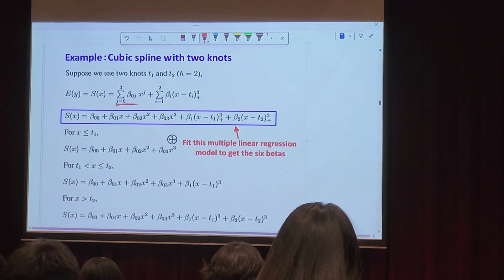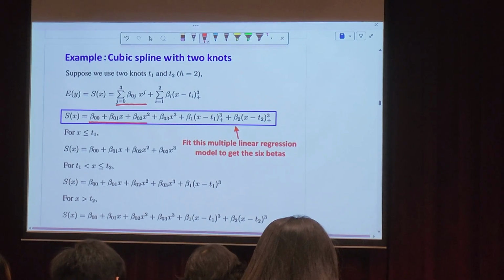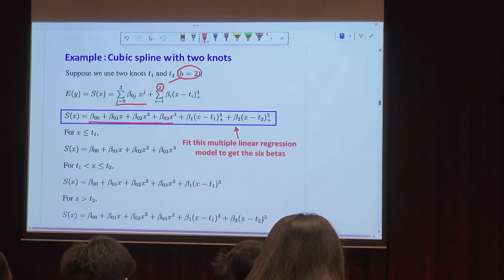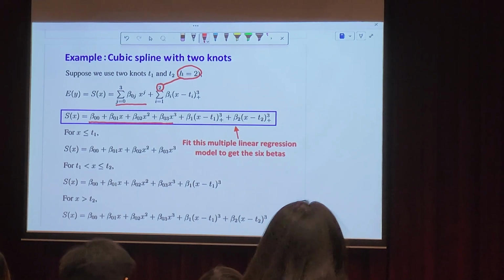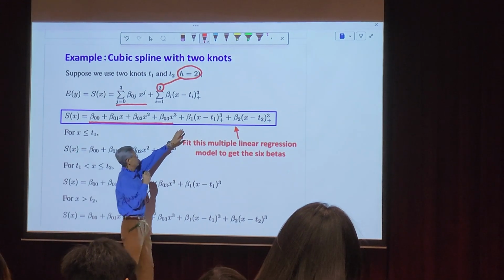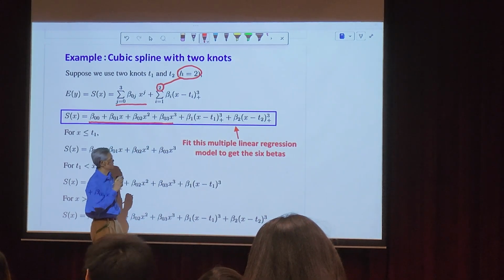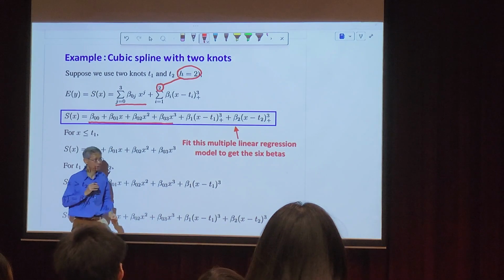This is my base model, or the model for the first segment, this one here. And then, depending on the number of knots, I will introduce further polynomial terms to be added up. So, if I have 2 knots, then the addition of these will be the cubic polynomial for the middle segment. And the whole thing will be the cubic polynomial for the last segment.